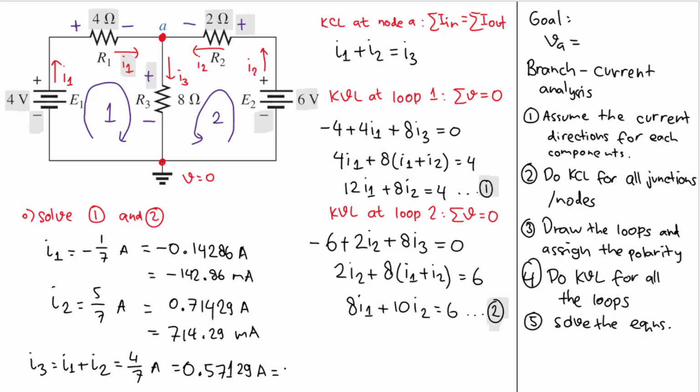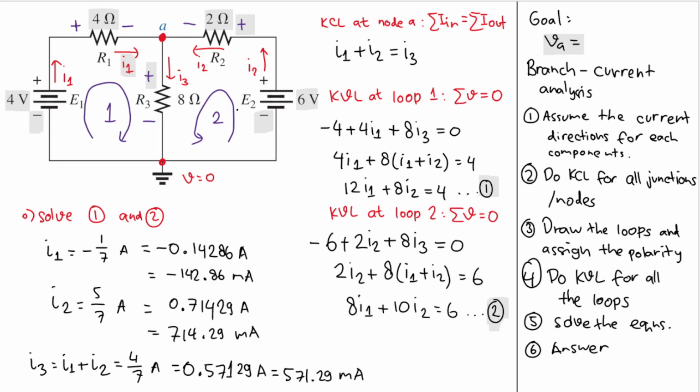Or we can rewrite this as 571.29 milliampere. So that is I1, I2, and I3. But then our goal is to find out the node voltage VA. So what is VA? And that is the last step, which is to answer the question.